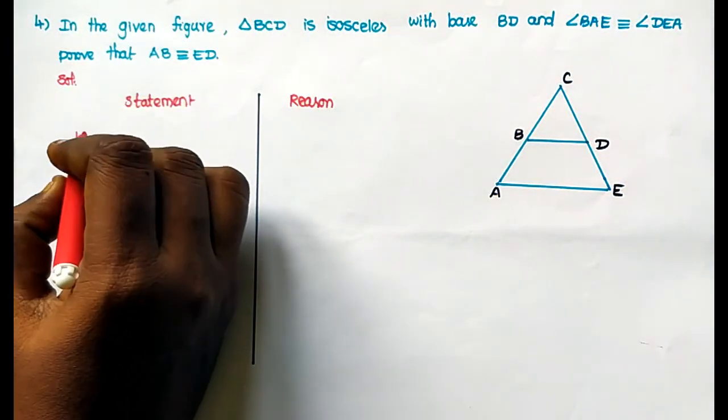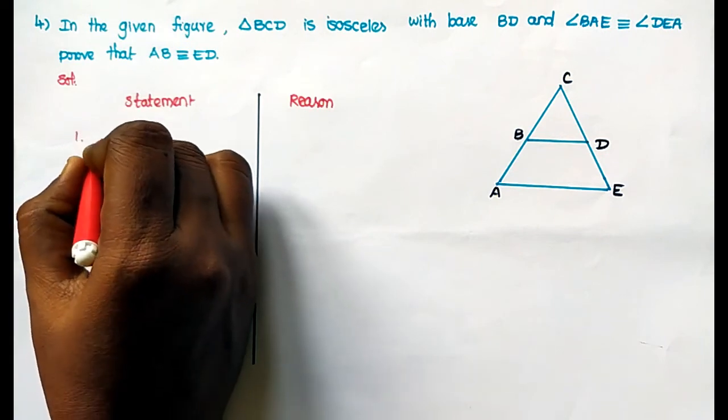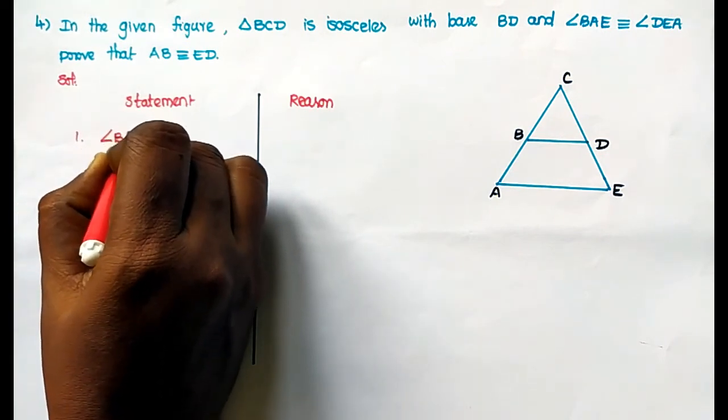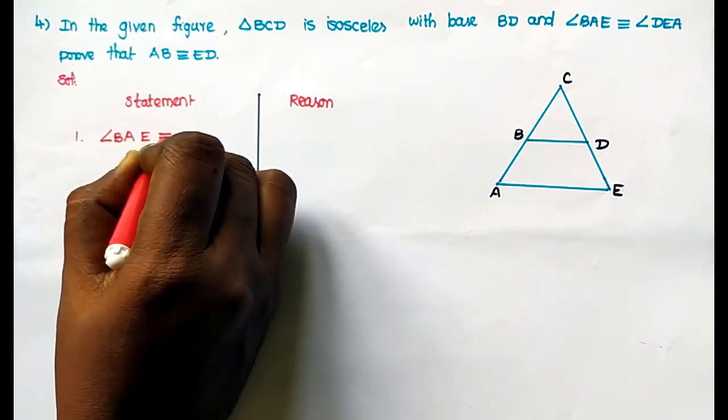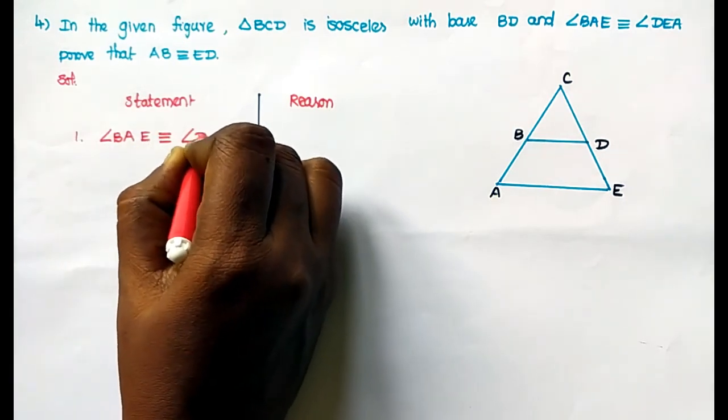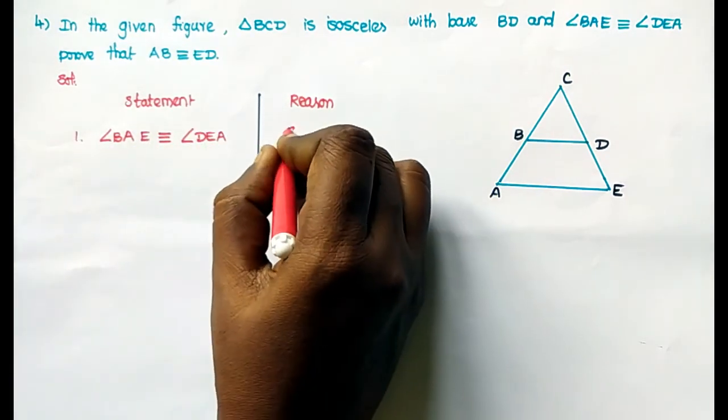First one, what they given? BAE is congruent to DEA, that is given.